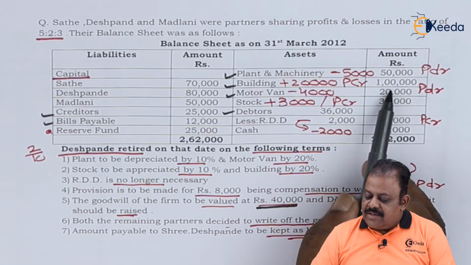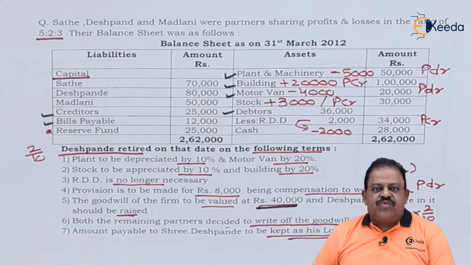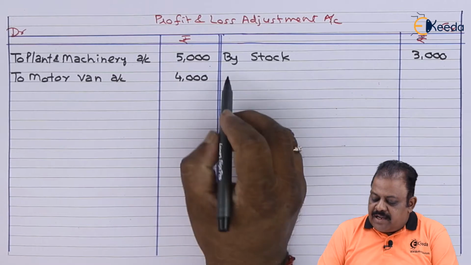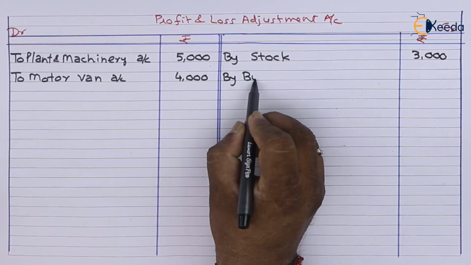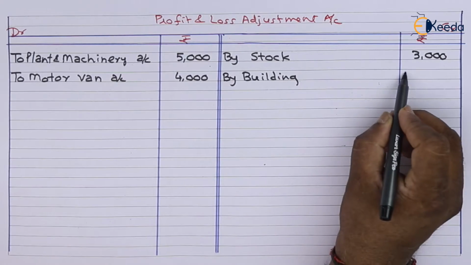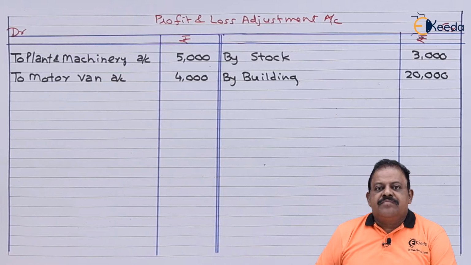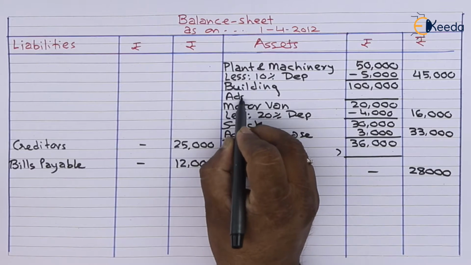Your building is 1 lakh, 20% is 20,000. It will be recorded here to the credit of profit and loss adjustment account, by building 20,000. Second effect, balance sheet asset side, add to building.